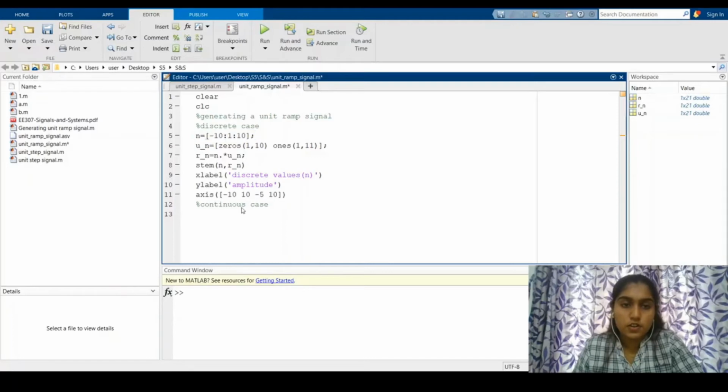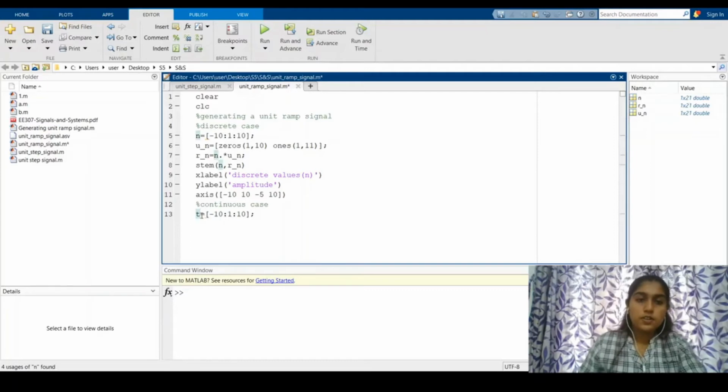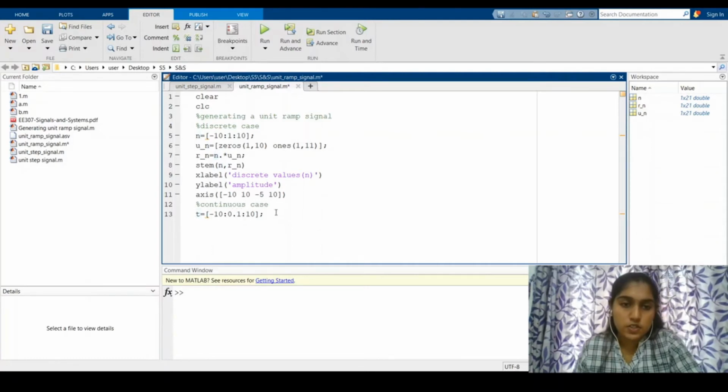So we can just paste this as the same. Now if you look, we can give t here, the range, let's keep it as -10 to 10, but let's give the space as 0.1, as it is a continuous signal. Now we can just assign the same as we did in the discrete case.